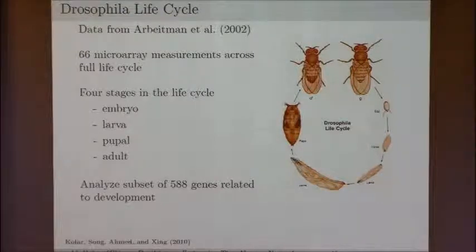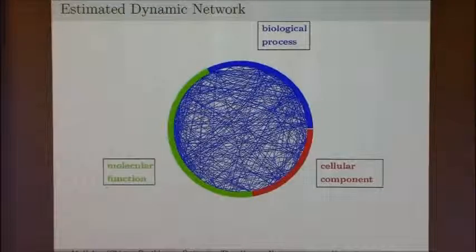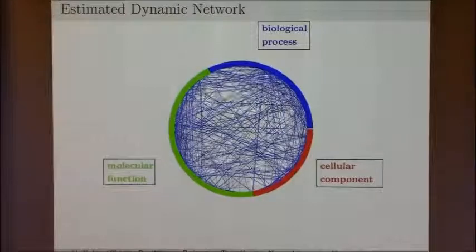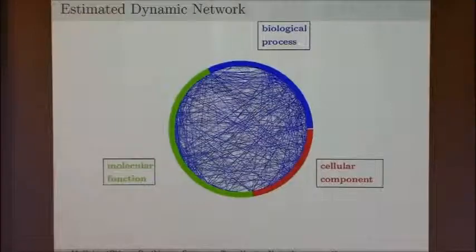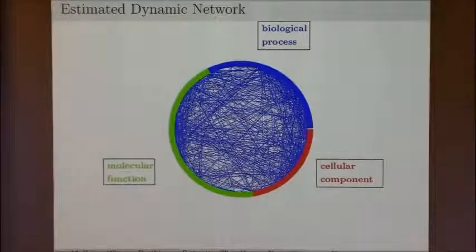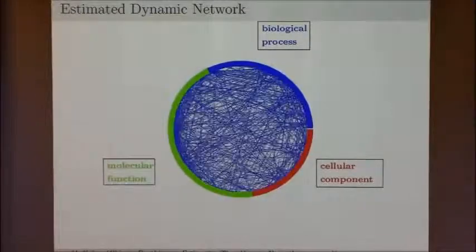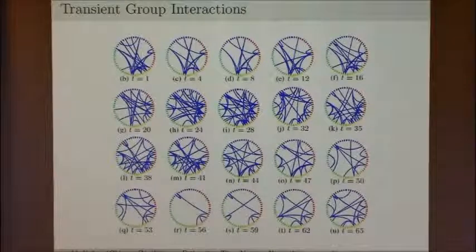that are known to be related to development of the organism. Okay, so what we are plotting here is just the estimated conditional independence graph at each time point. So not much can be seen here. But let me try to illustrate how this could be used if we post-process the estimated graph.